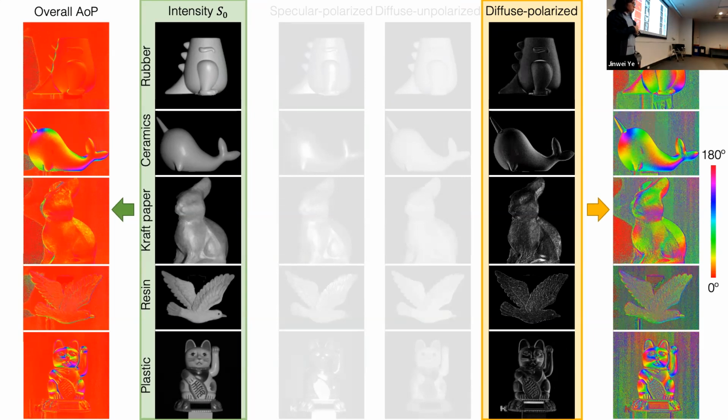What about the microscopic three-dimensional bumps? That's also very critical for material perception. What we're doing is first recover the geometry, and with the geometry we can then estimate BRDF or other material-related properties.